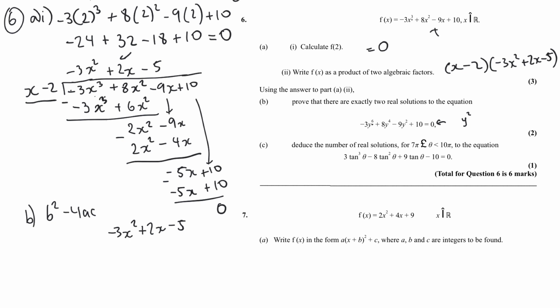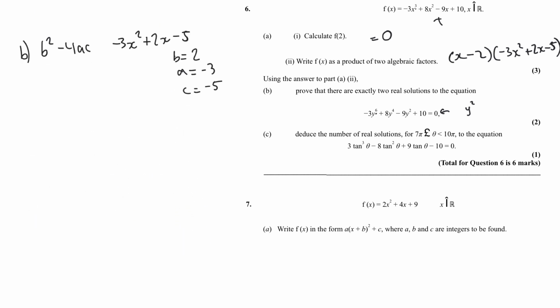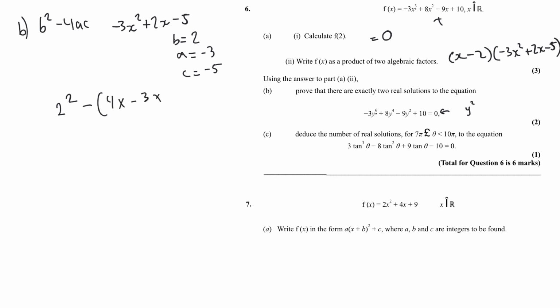So with this, because this is the quadratic algebraic factor and discriminant is good for quadratic formulas. So in this, our b value is equal to 2, our a is equal to minus 3, and our c is equal to minus 5. So then now, if we substitute that in, so b squared would be 2 squared minus 4 times minus 3 times minus 5.